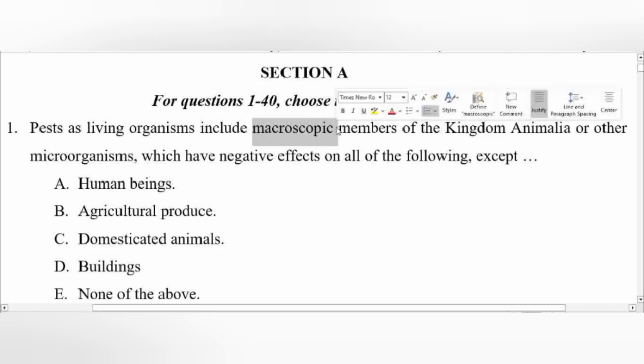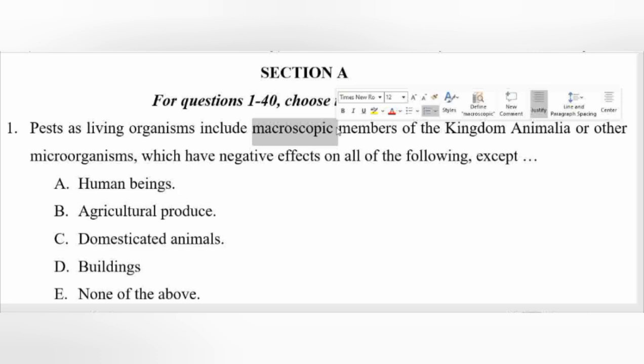Okay, so we have some pests that are animals that we can actually see without the need for a microscope or a lens or anything like that. So they are macroscopic, they are complex, they are big enough to be seen with the eye, the unaided eye. And then again, there are some pests which are microscopic. Okay, so they are microorganisms. We need aid for our eye before we can afford to see them.